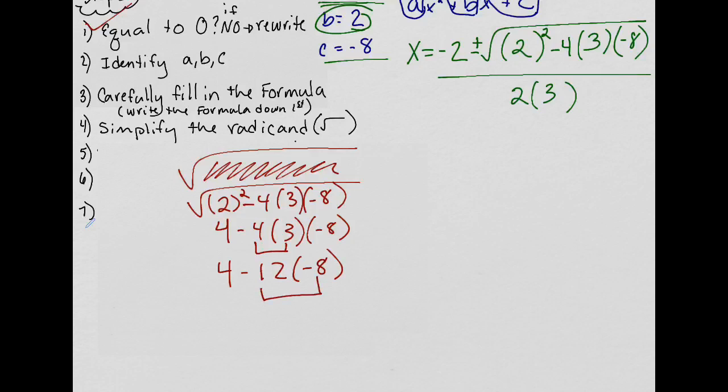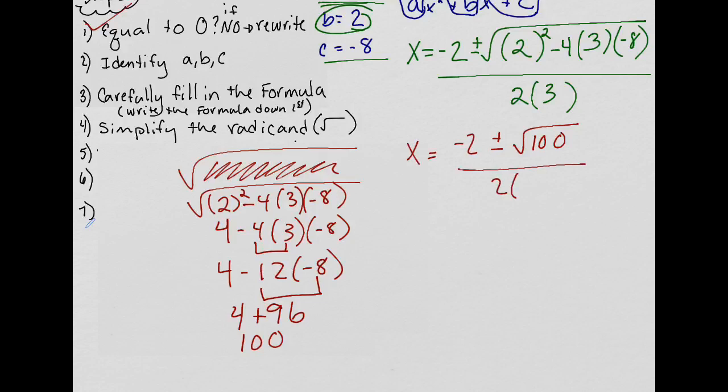Negative 12 times negative 8 is a positive 96. And then I have the 4. 4 plus 96 is 100. So I simplified the radicand, everything underneath the square root, to be 100. Then I'm going to rewrite everything else that I had from the equation. And I'm done with step 4.